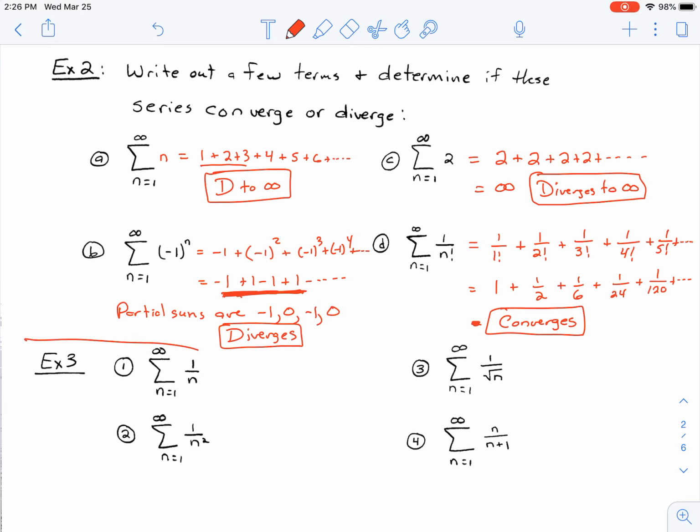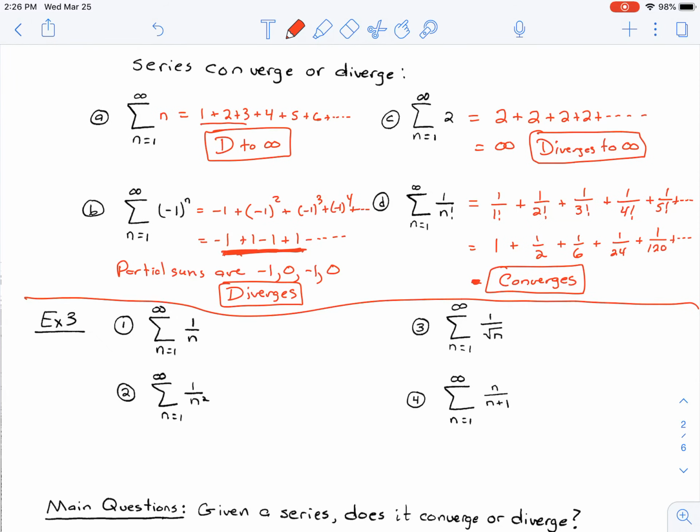All right, let's look at these on example 3. This is 1 plus a half plus a third plus a fourth. It's not obvious at all. I'm just going to tell you this one diverges.